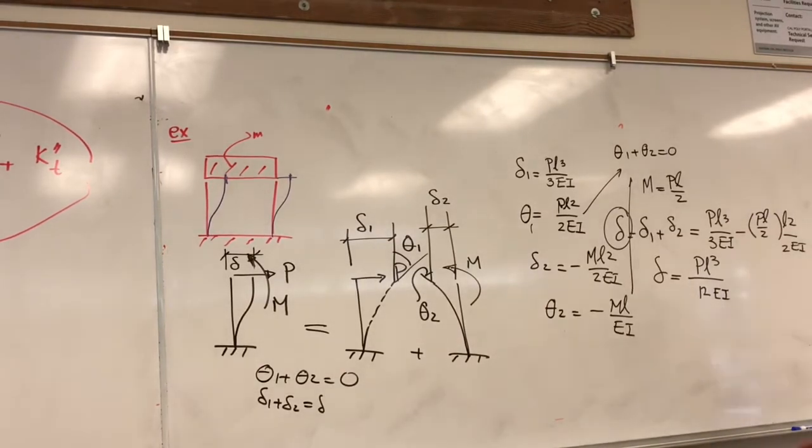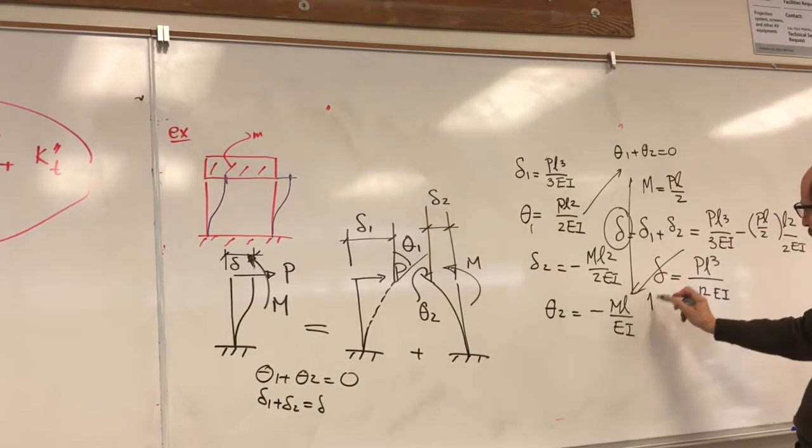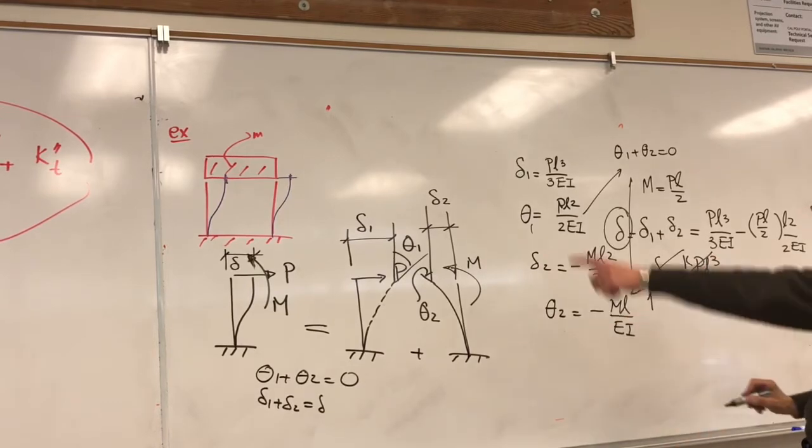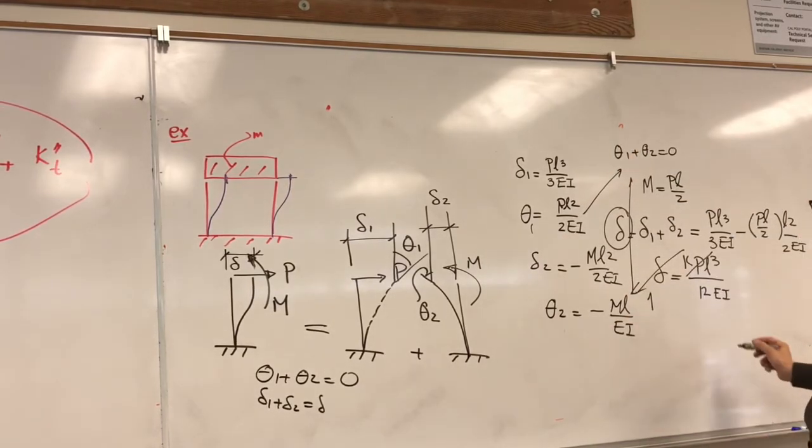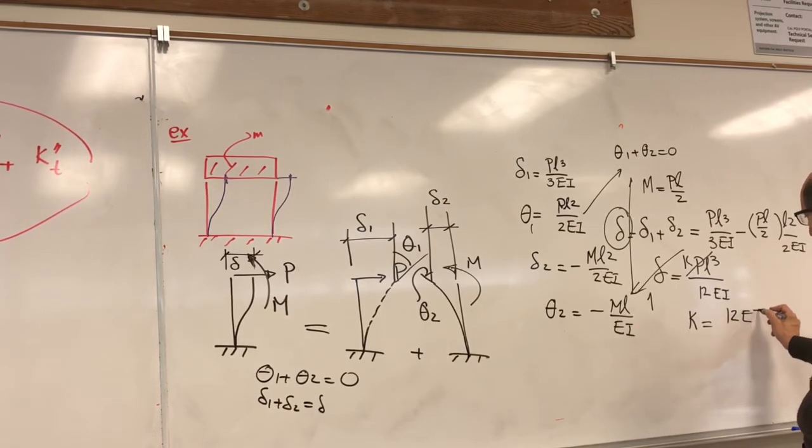So if this is 1, this is the stiffness of that beam or column, therefore K is 12EI over L cubed.